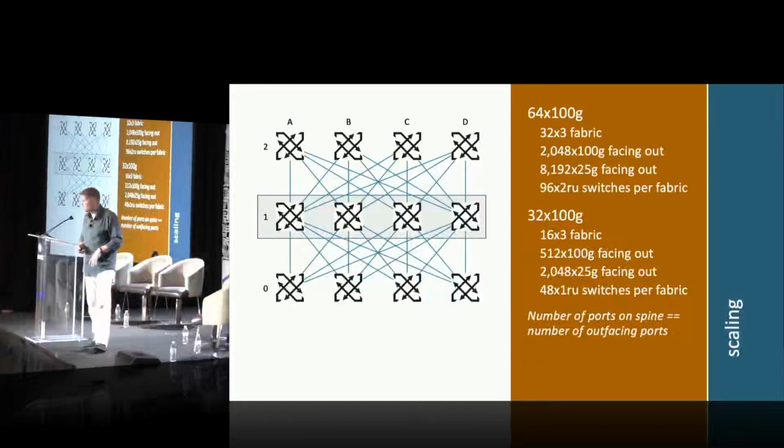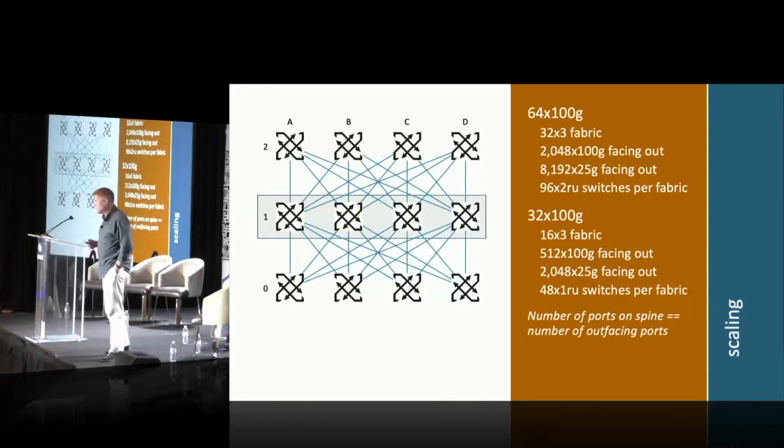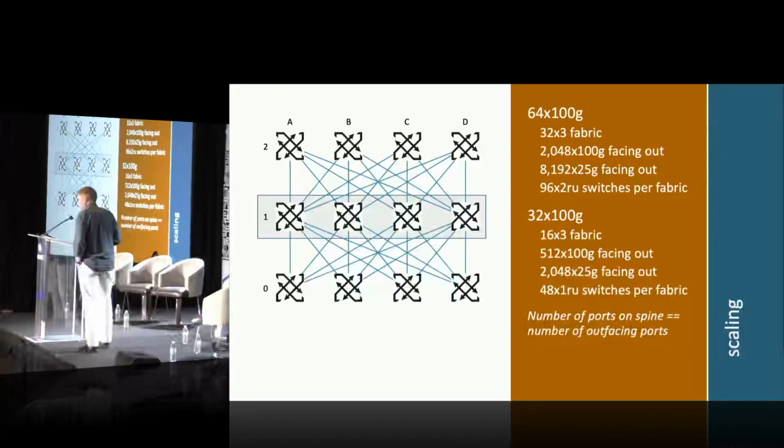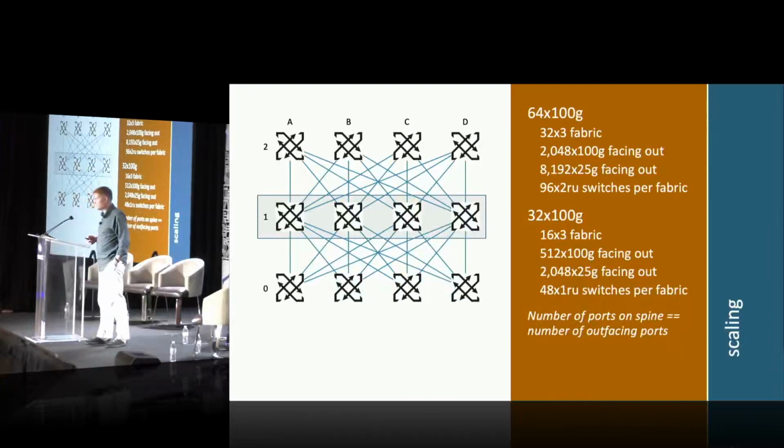Let's talk about some scaling. If I'm going to talk just a straight Clos fabric with nothing else, using 64 by 100 gig devices, I can use a 32 by 3 fabric, so 32 wide. To scale a Clos fabric, all I do is take the number of ports on the device and divide by 2; that's the width of my fabric.